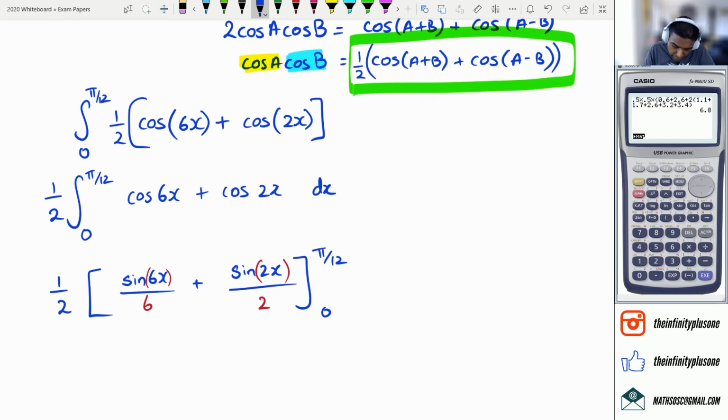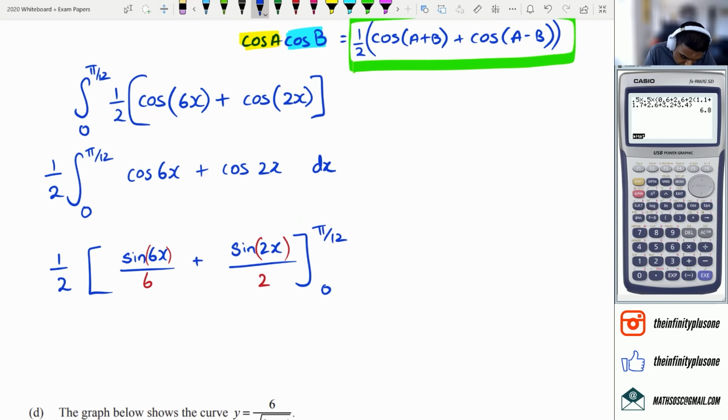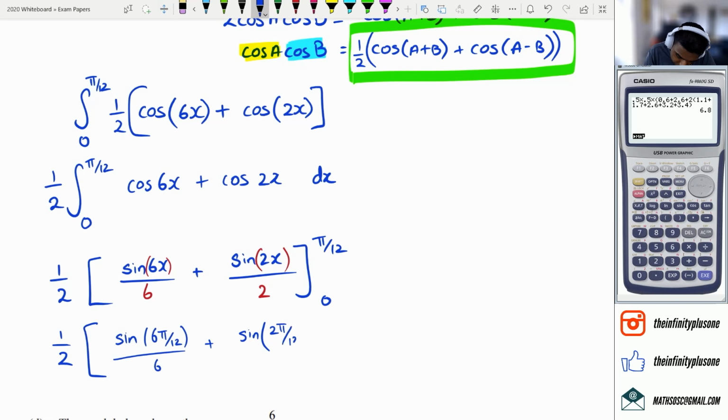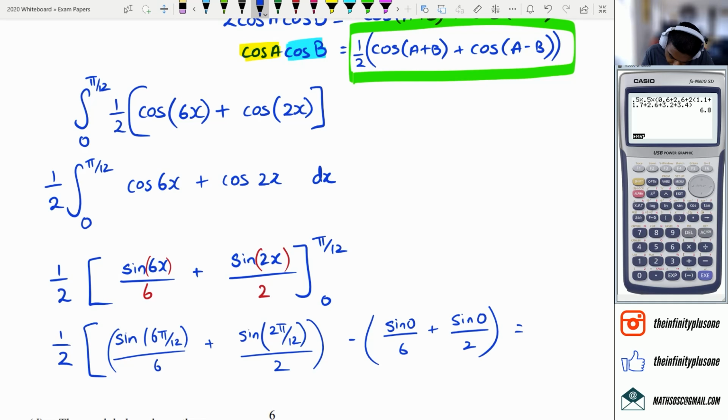At the next point, I'm substituting these values. So I've got a half of sine of 6 pi over 12 over 6 plus sine of 2 pi over 12 over 2, and that whole thing is subtracted with sine of 0 over 6 plus sine of 0 over 2.